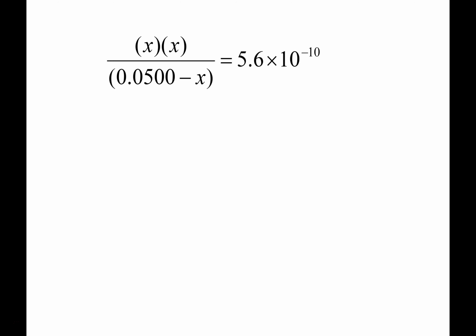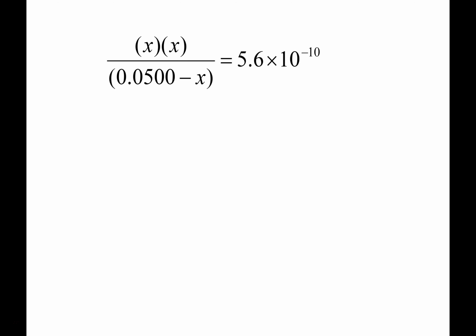If we substitute those quantities back into our Kb expression, it looks kind of ugly. Basically, X times X in the numerator and 0.0500 minus X in the denominator is equal to Kb. We said that we can apply a simplifying assumption.